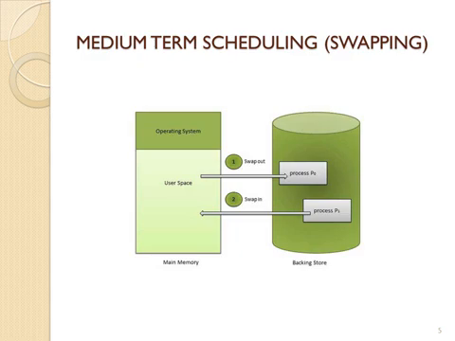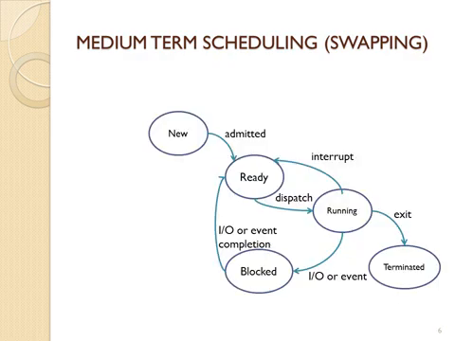Swap the entire process onto a backing store, or just swap pages or segments or portions of a process. But either way, this is part of the task of the medium-term scheduler. And between the medium-term scheduler and the long-term scheduler, those are the ones that control the degree of multiprogramming.